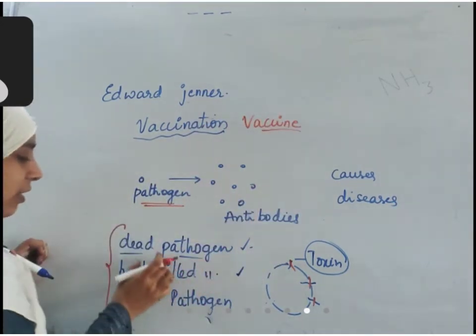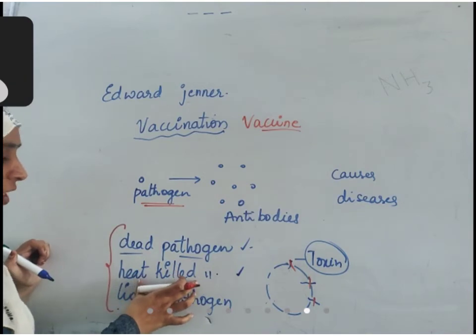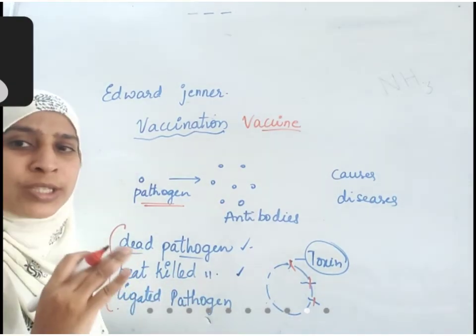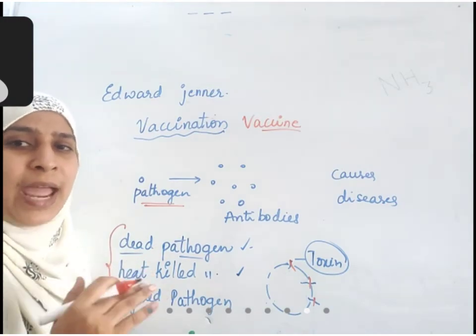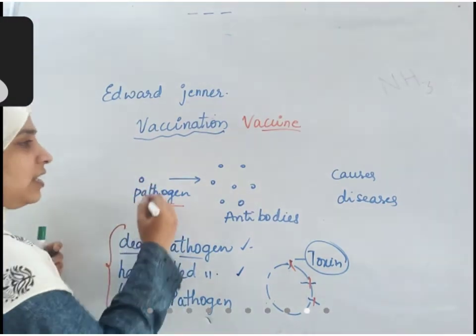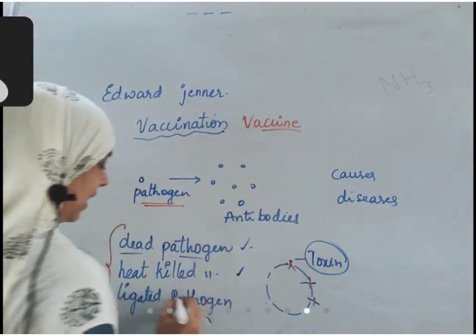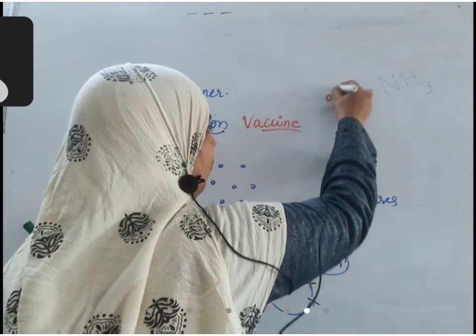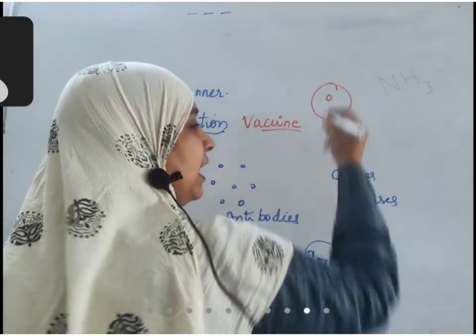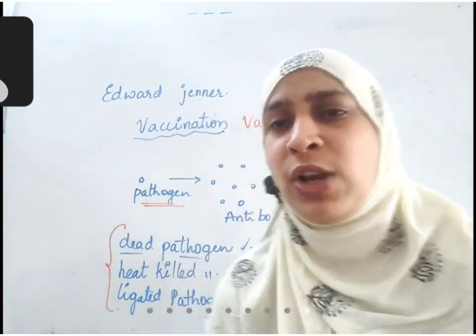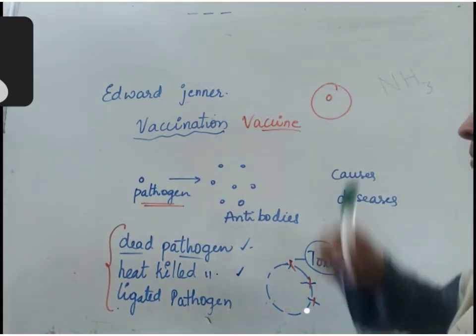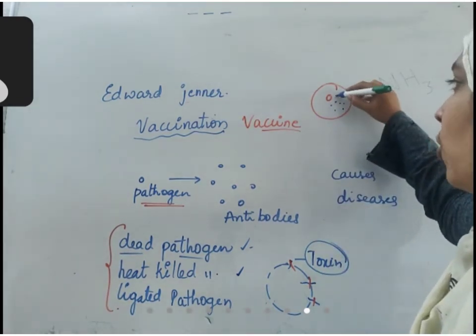So, a dead pathogen or heat killed pathogen or ligated pathogen does not have any capacity to cause disease. It's completely inactive. But when any one of these pathogens enters our body, the body identifies this pathogen. It will not identify whether it is dead or living. Our body immediately starts producing antibodies.